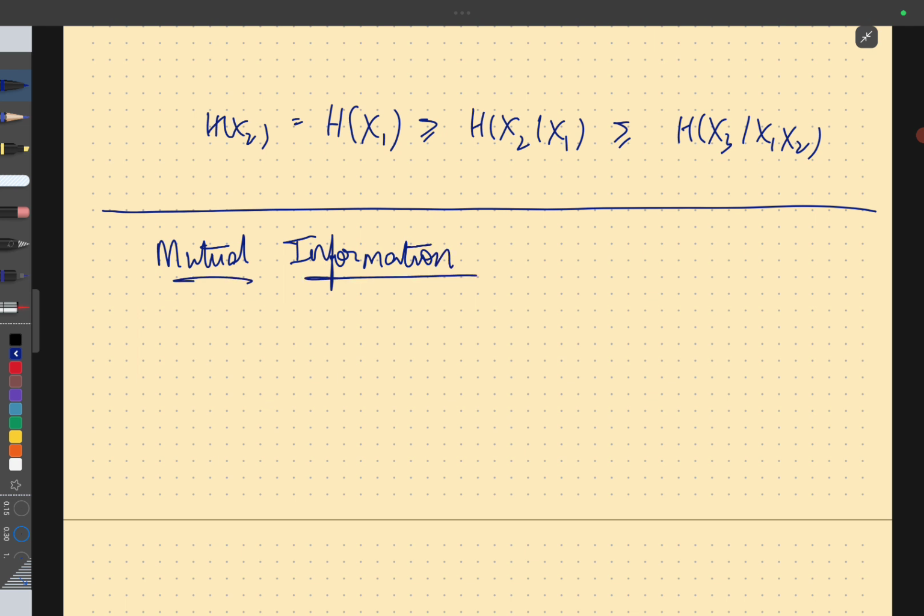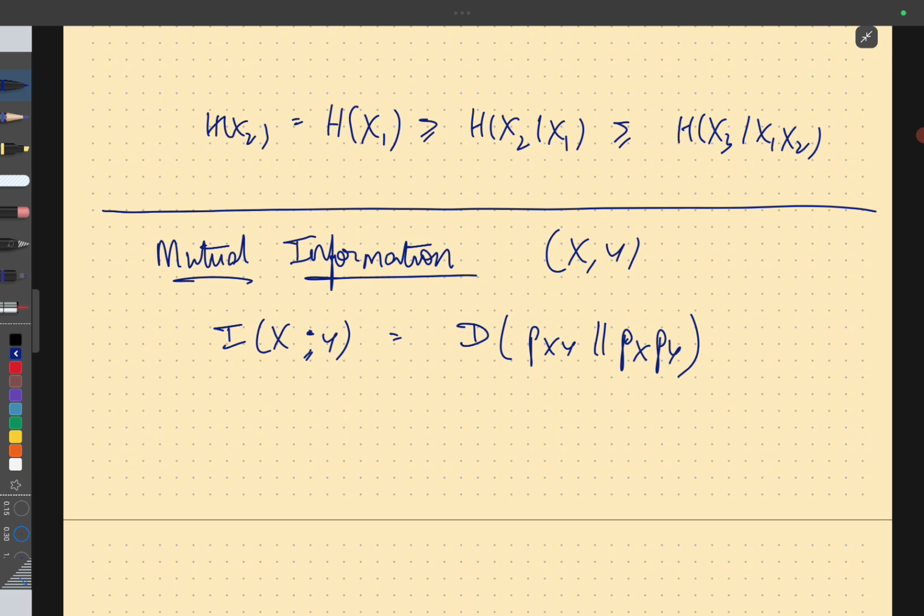So the mutual information for a pair of random variables x comma y, which I'll denote I(x; y), is the KL divergence between the joint distribution of x and y and the product of the marginals, p_x times p_y.